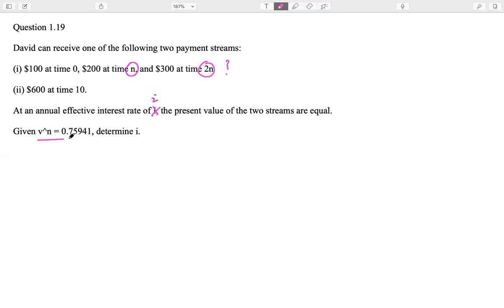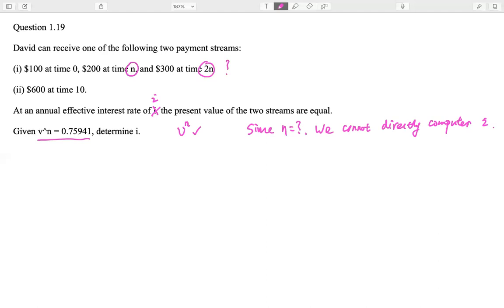What we know is this is the nth power of v. v, the 1 year discount factor, is given. Determine i. Since we don't know n, we can't directly compute i. If we know n, it's simple, right?